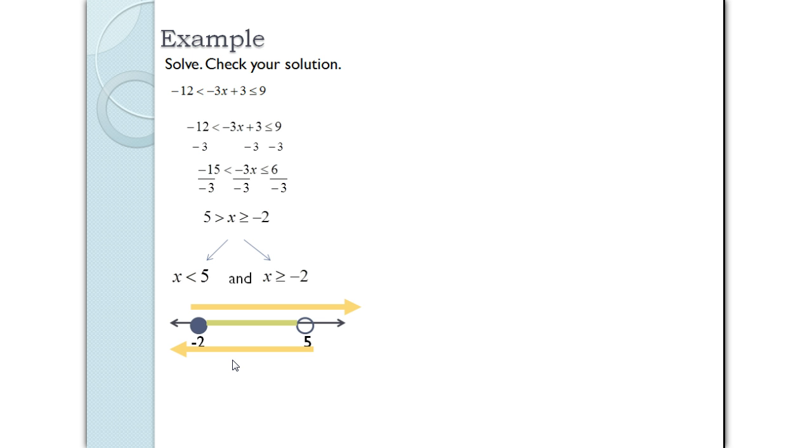So I'm going to check my solution to make sure I did it correctly. I'm going to pick a number in that shaded region. I'll pick 0. You guys could pick another number as long as it falls in that shaded region. I'm going to replace x with 0. When I simplify that down, -3 times 0 is just 0. 0 plus 3 is 3.